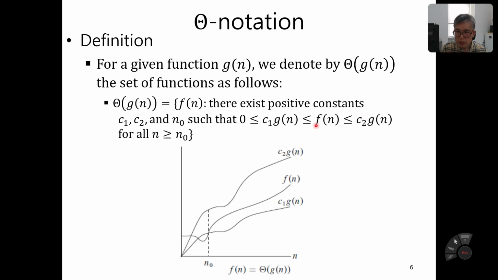So f(n) is between c1 g(n) and c2 g(n). c1 g(n) is a lower bound for f(n), and c2 g(n) is an upper bound for f(n), for n at least a certain threshold value n0. So once n reaches this threshold, f(n) is always sandwiched between the lower bound and the upper bound.